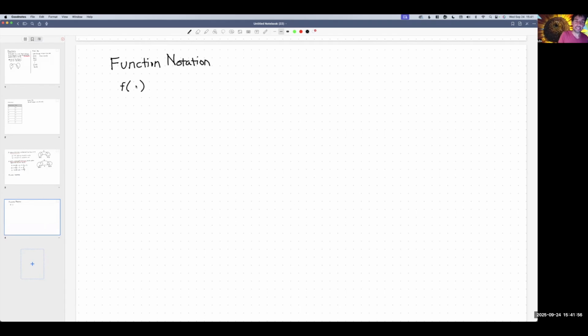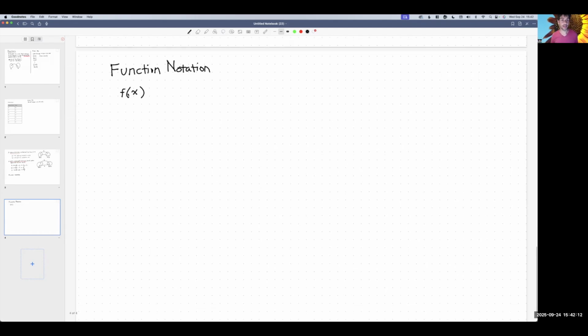What we write inside the parentheses is a symbol. I'm going to use the symbol x, but any symbol will do. And we're saying that x represents the input to that function, the element from the domain that we're going to do something to. In this case, remember what we did. We took that number, we multiplied it by 3, and then when we were done, we added 7, right?